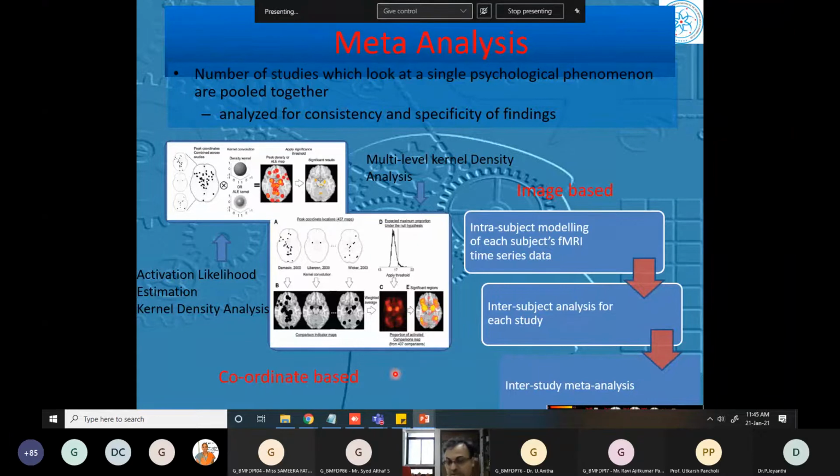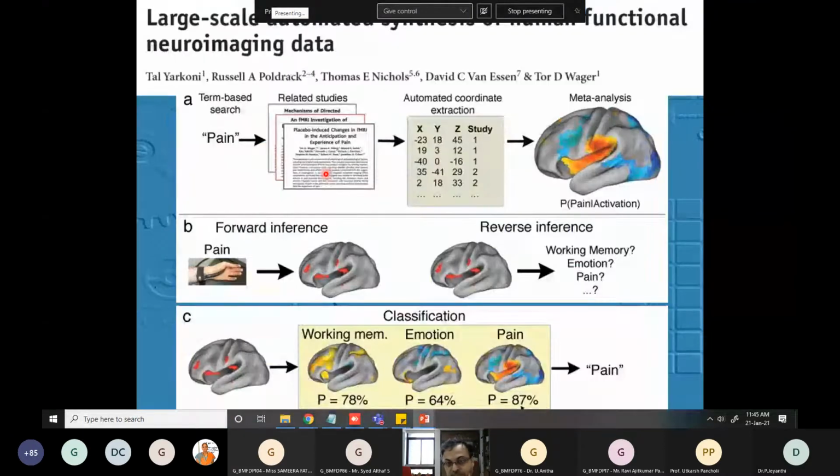That is all fixed. And the peak activity location is what I report in the papers that I have published. So it's very easy. You can combine all those results, plot them, and see if there is converging evidence or not. That is a very useful way of doing it.